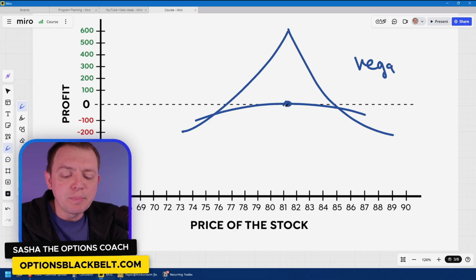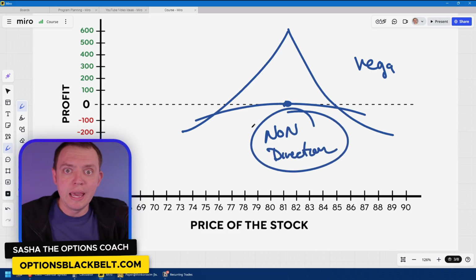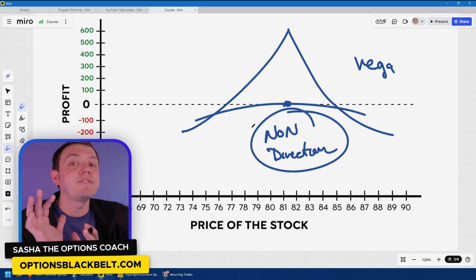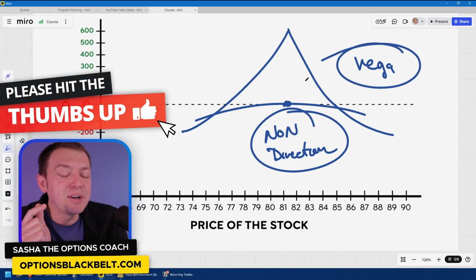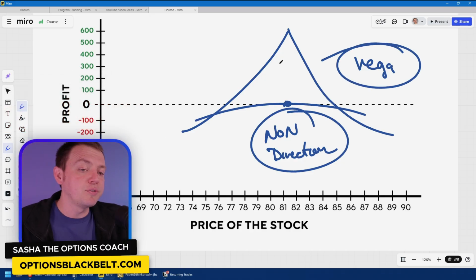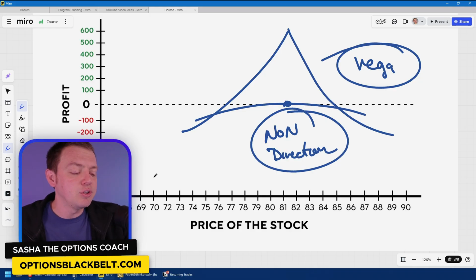A lot of people put these on and think it's a non-directional theta-based trade. That's what they're really aiming for, non-direction. But depending on the calendar construction, it might actually be much more of a Vega-based trade. So if you've got a Vega-based trade, then you need to focus more on the Vega, not the theta.